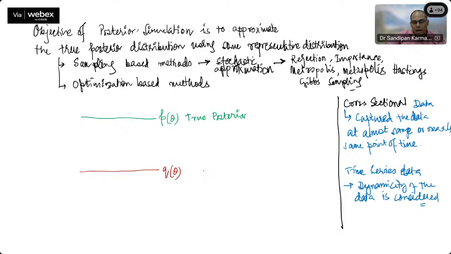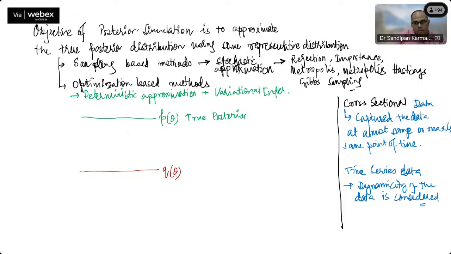Okay, so now coming to this optimization based method, these are known as deterministic approximation. In this we have variational inference and its family.